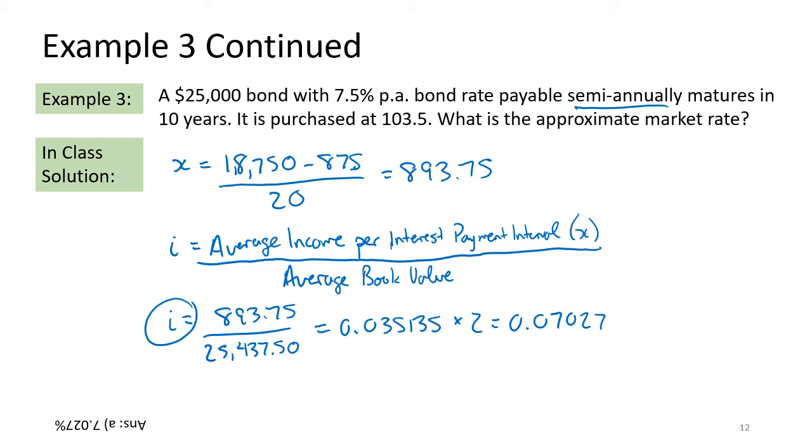Converting that to a percentage times 100% gives us 7.027, and I put a bar here because if you do it in your calculator, you'll see it's a repeating decimal. That basically just means our market rate is actually 7%. Which makes sense, right? Because remember, it's sold at a premium, 103.5, so it should be lower than our bond interest rate.